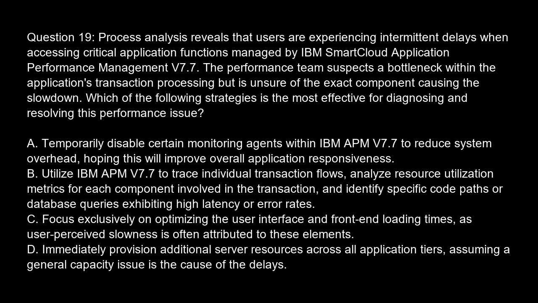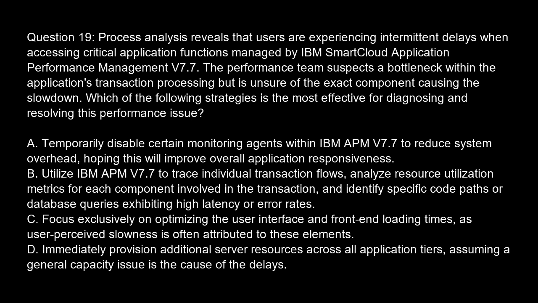Option A. Temporarily disable certain monitoring agents within IBM APM v7.7 to reduce system overhead, hoping this will improve overall application responsiveness. Option B. Utilize IBM APM v7.7 to trace individual transaction flows, analyze resource utilization metrics for each component involved in the transaction, and identify specific code paths or database queries exhibiting high latency or error rates.